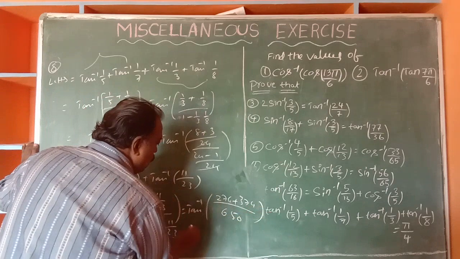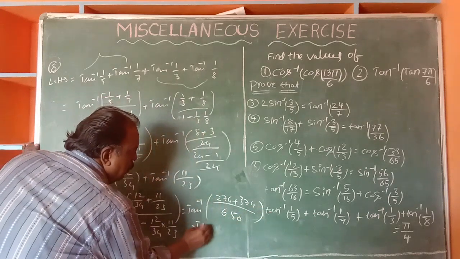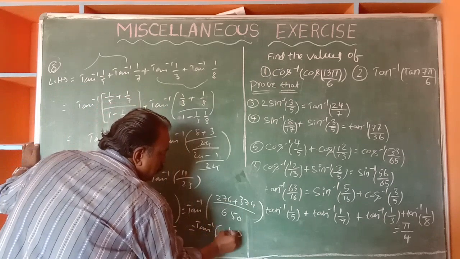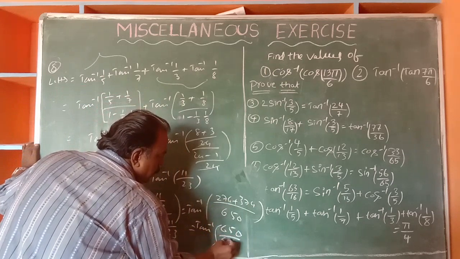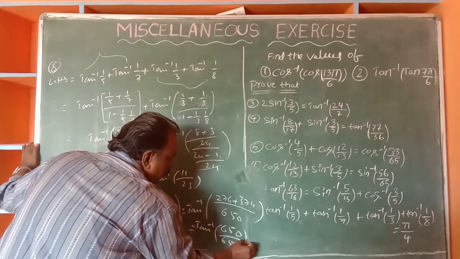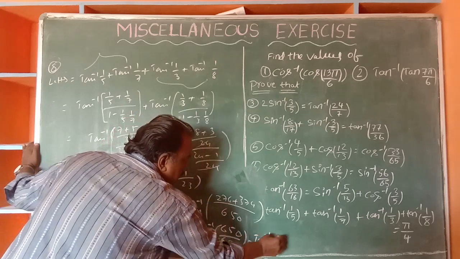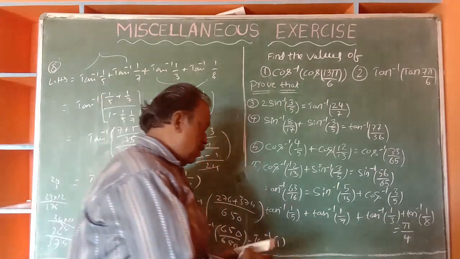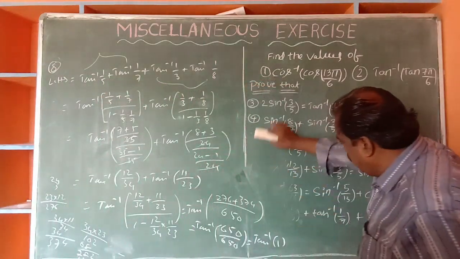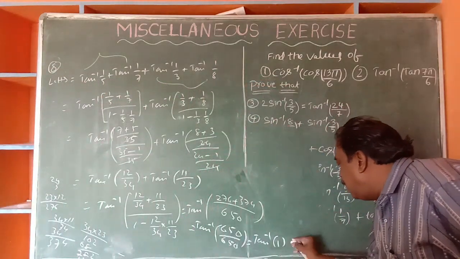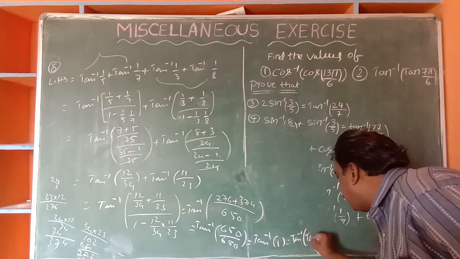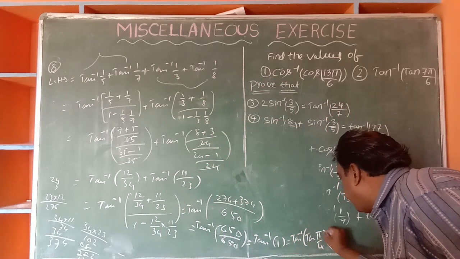Okay now? It is the tan inverse of the same, 650 by 650 will come. So it is tan inverse 1. Okay now? This tan inverse 1 means tan inverse of tan pi by 4.